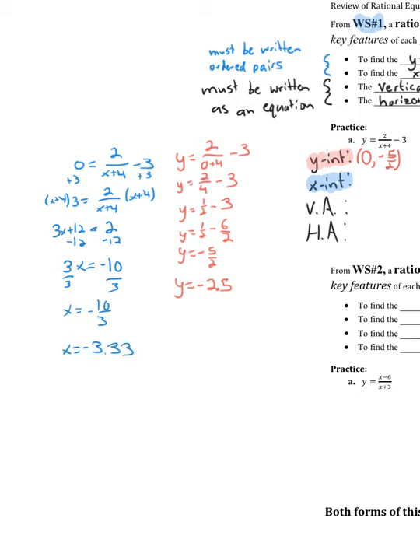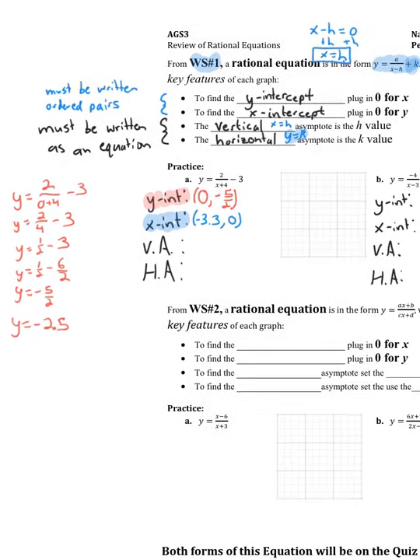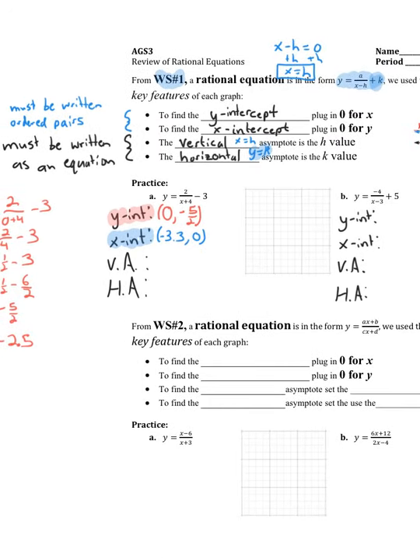So the negative 3.33 is going to help me graph it, but the negative 10 thirds should be my algebraic result. Show all of your steps. It's not a lot of work. We're going to have not a lot of problems on the quiz, so we should have plenty of time to show our steps here. All right. I'm going to go ahead and take my graph, and I'm going to sketch a y-axis and an x-axis here.